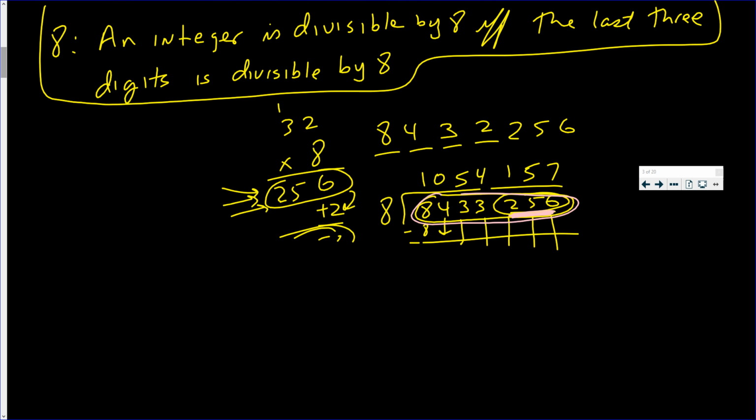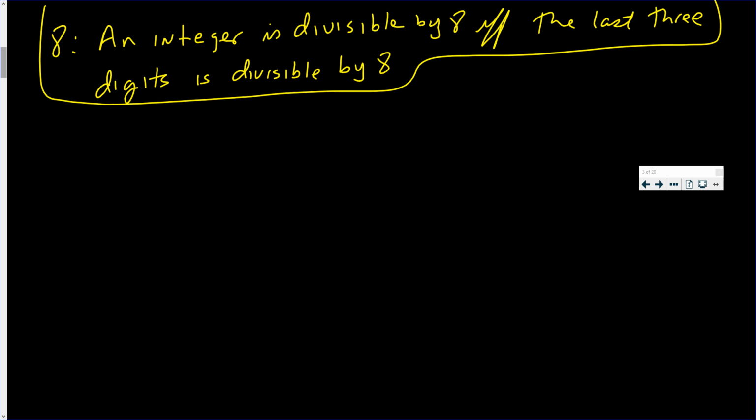So that's the rule for 8. That one is probably the least friendly rule. It involves doing long division. The other ones just involve either inspection or adding and subtracting.